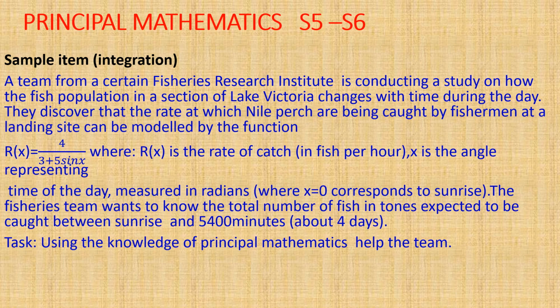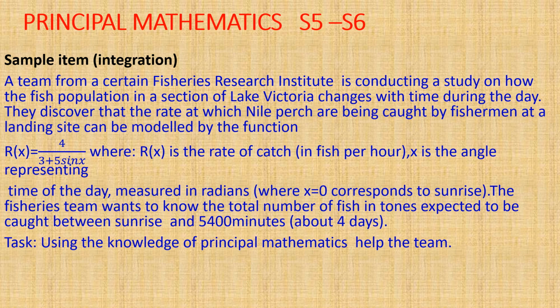So when you critically look at this function, for us to get the total number of fish caught from sunrise, that is from x = 0 to about 4 days, we need to integrate this very function from 0, that is from sunrise, up to about 4 days, ultimately 5,400 minutes.